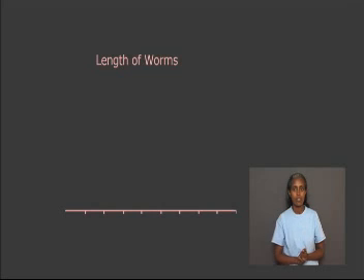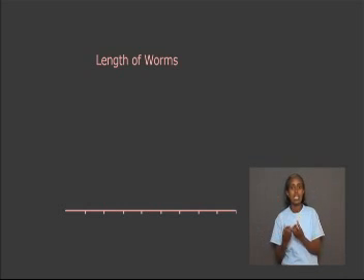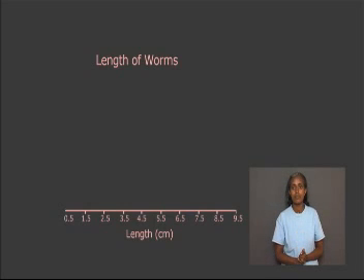The second step is to locate the class boundaries along the x-axis. Here, we see that the class boundaries are the lengths. The third step is to determine the class interval by the width of the bars.